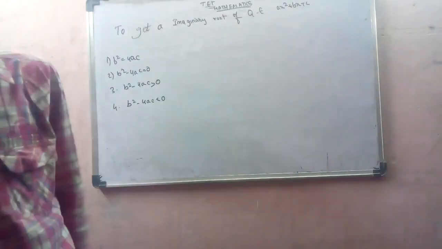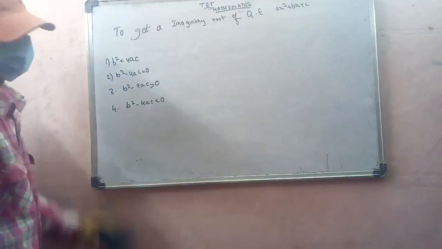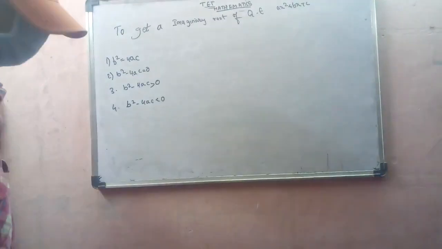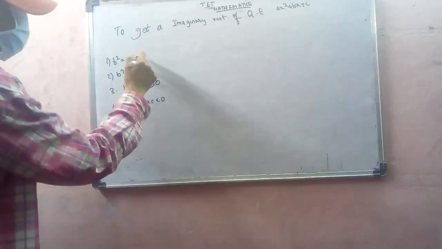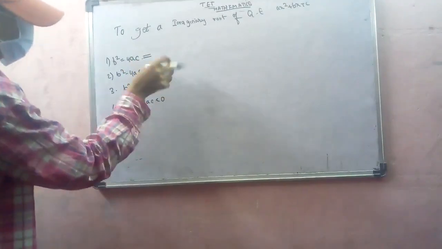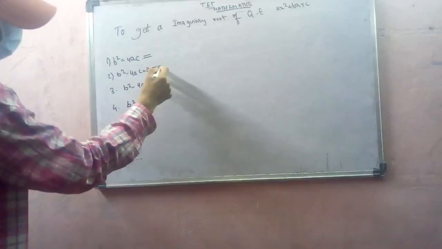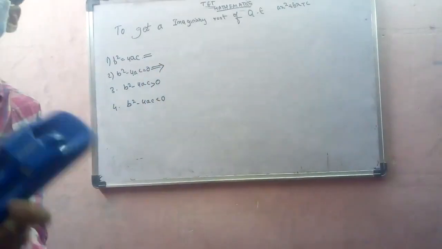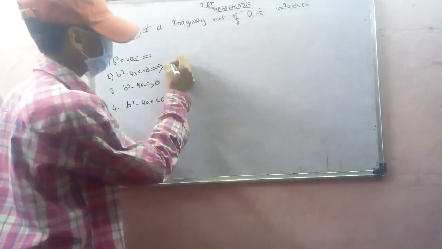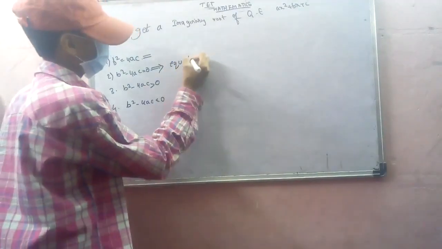Okay. Now see here. B square minus 4ac equal to 0 means discriminant equal to 0, which means the roots are equal.